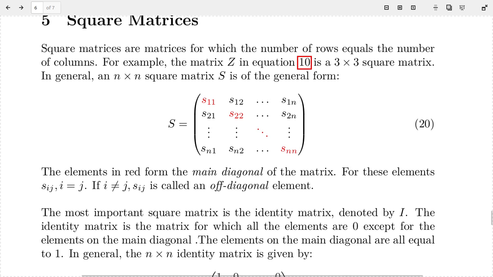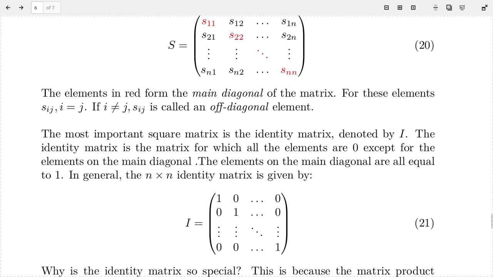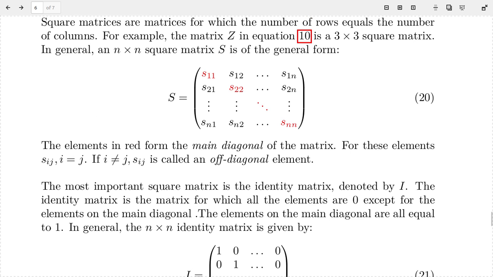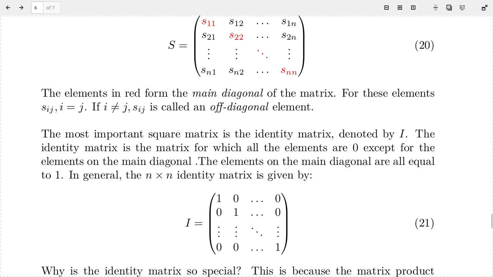Now, the most important square matrix you will see is the identity matrix, denoted by I. For the identity matrix, all the elements along the main diagonal are equal to 1, and all the off diagonal elements are equal to 0.